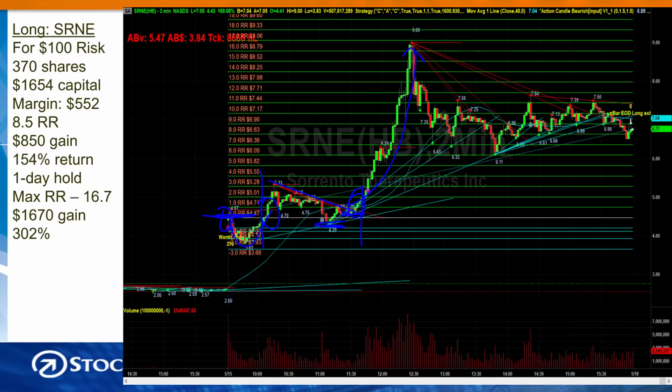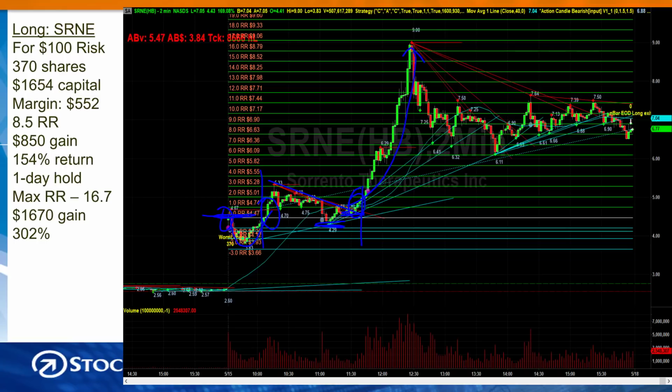If you look at the economics of it, because it was such a volatile stock, the position size was not very big. For every $100 of risk required, 370 shares in that position, which was $1,654 of capital. Because you can margin day trades 3-to-1, you would have to put up $552 of capital.